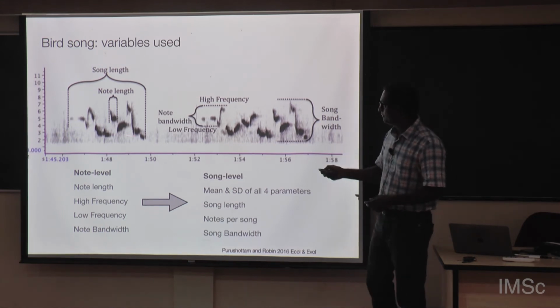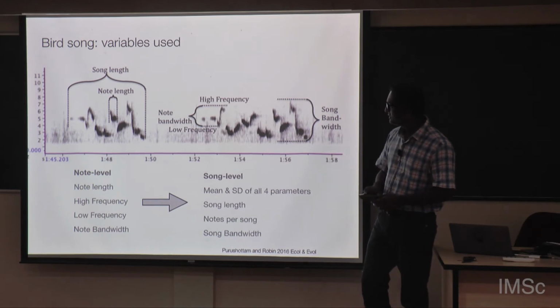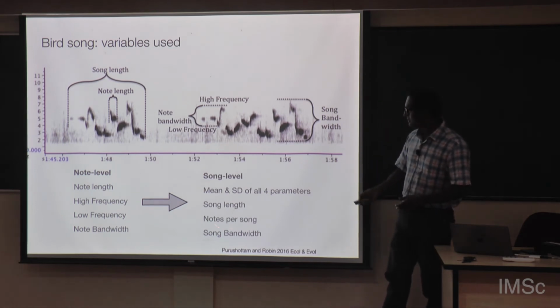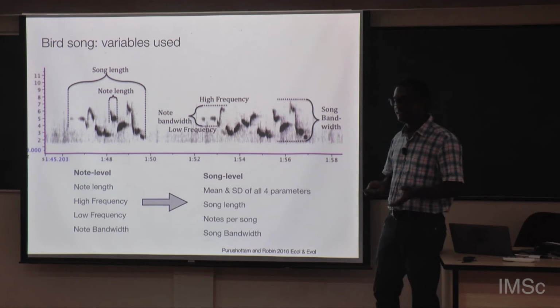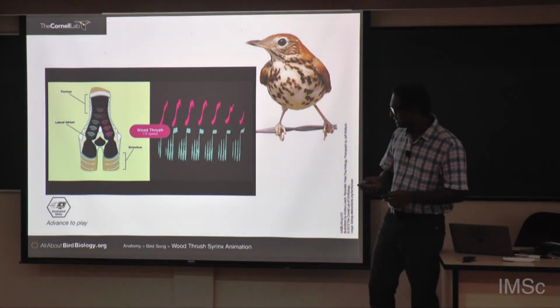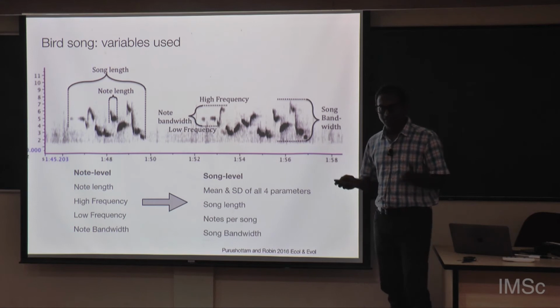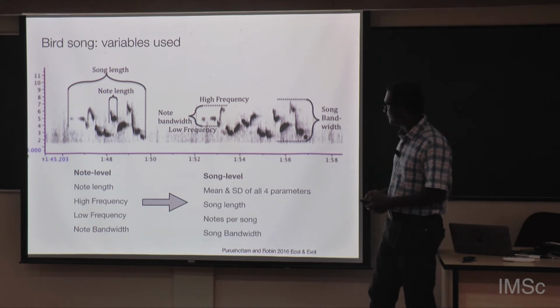So you have note length, song length, high frequency, low frequency, measured at the note level, and then summarized at the song level. Our analysis then happens at the song level. So there are a number of variables that we consider when we are doing these statistical comparisons.